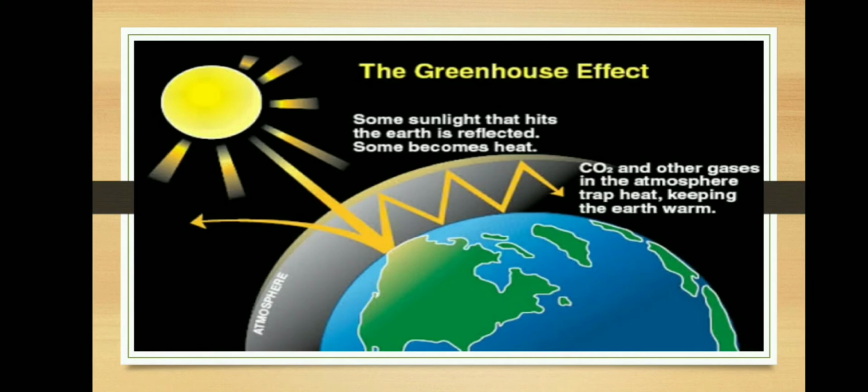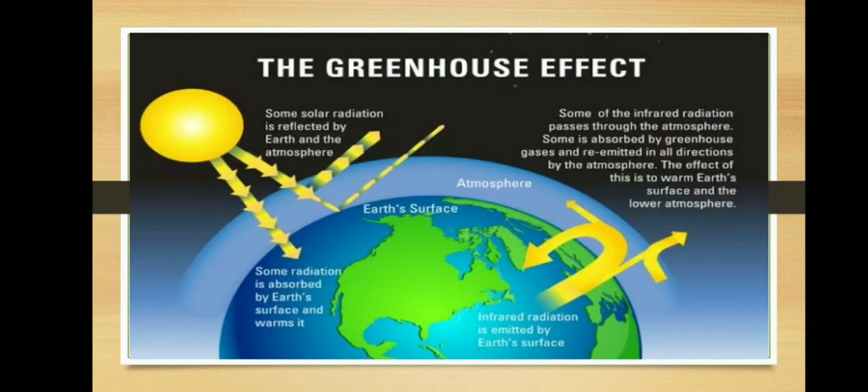Some of the gases in air, such as carbon dioxide and water vapor, trap some of this heat. This natural process is called the greenhouse effect. The greenhouse effect results in warming the Earth's atmosphere.